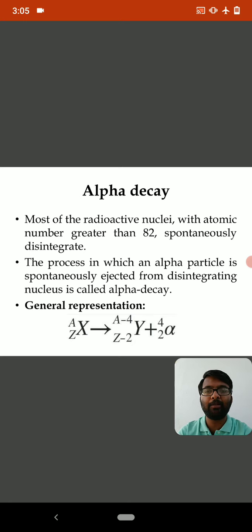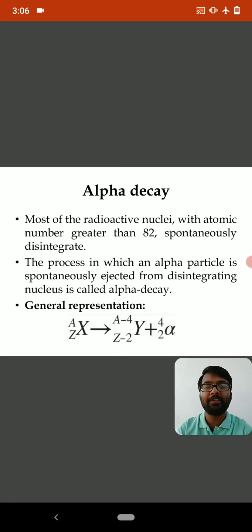We have a parent nucleus, its chemical symbol is X, having mass number A and atomic number Z. It undergoes alpha decay, so we have daughter nucleus Y. In this daughter nucleus, the mass number is reduced by 4 units, that is A minus 4, and atomic number is reduced by 2 units, that is Z minus 2.